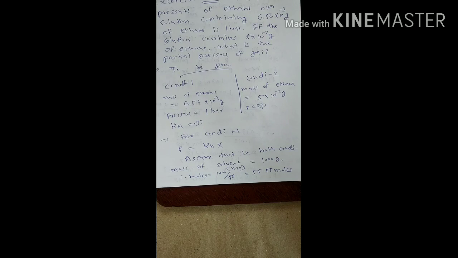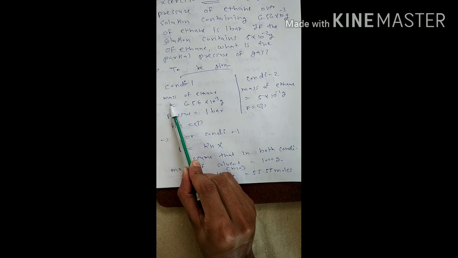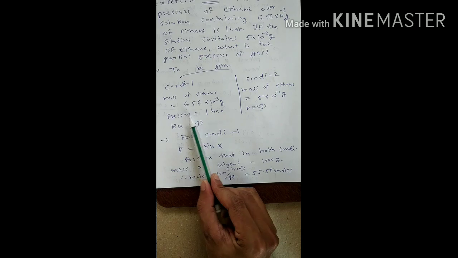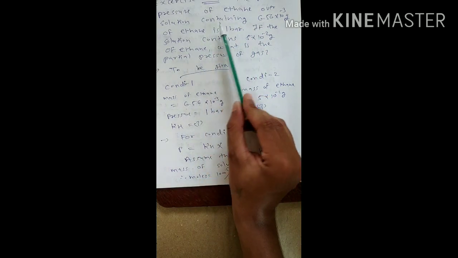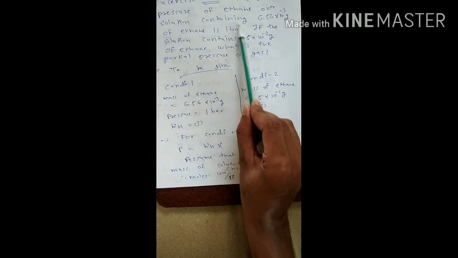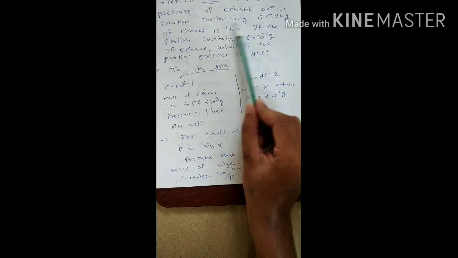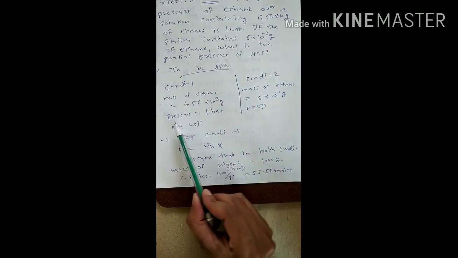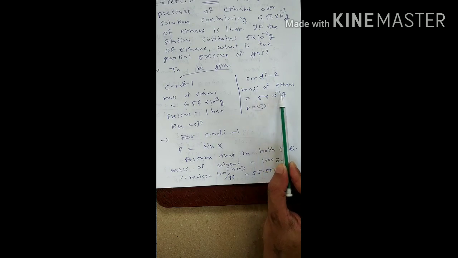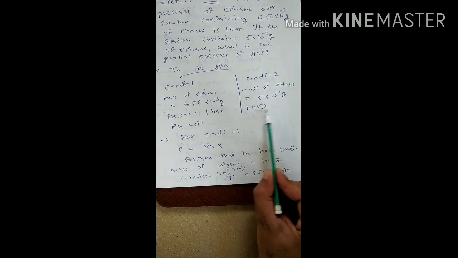Here as solvent I am taking water, and I have written mass of ethane 6.56 into 10 raised to minus 3 grams. In that condition the pressure is 1 bar, as given in the question. Now in condition number 2, mass of ethane is 5 into 10 raised to minus 2 gram. The pressure we want to find out in that condition.